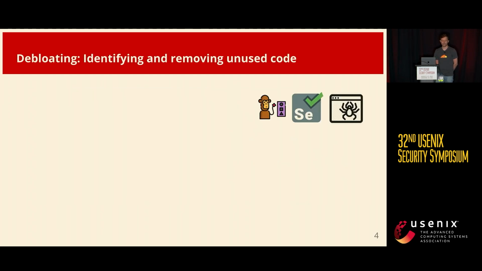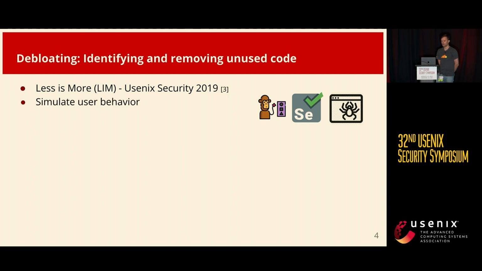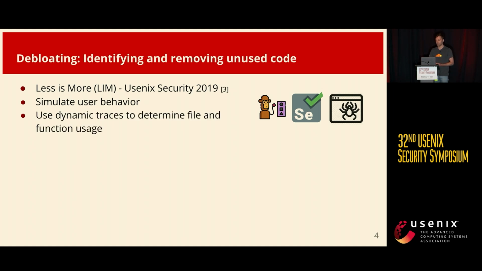So we went ahead and did that in 2019 in the paper titled Less is More, which was presented at USENIX. In that paper, we created a simulated list of tests that were simulating the user's behavior to interact with the applications. At the same time, we were running dynamic instrumentation on the web server, collecting the list of files and functions and lines of code that would be executed.